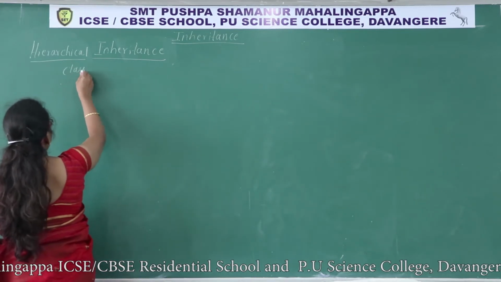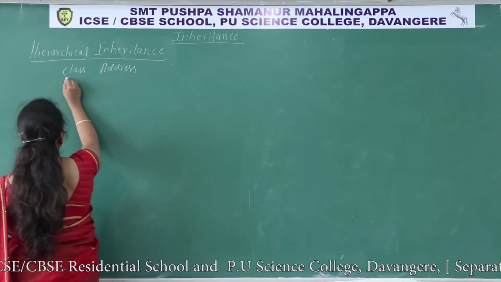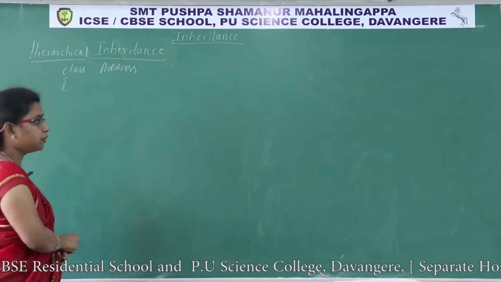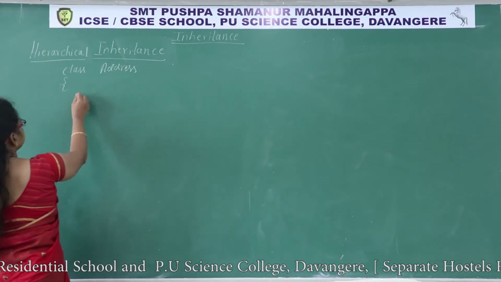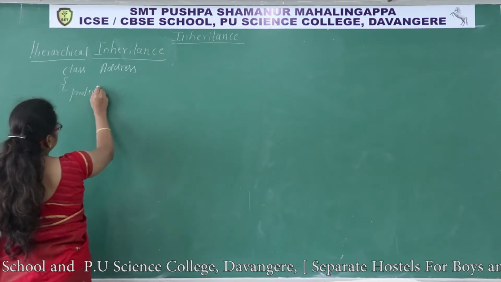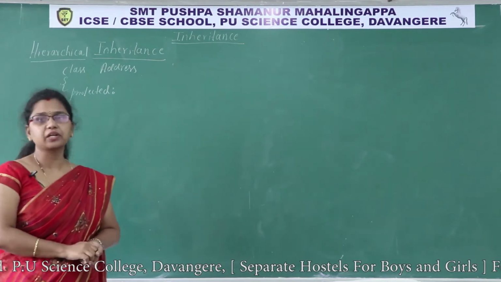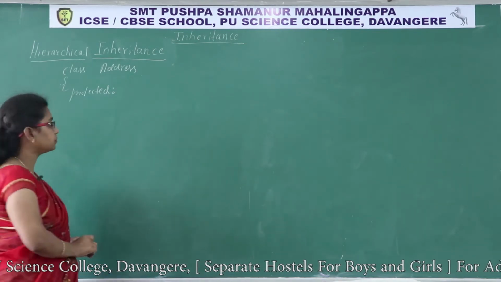Consider a base class whose name is address. Here the data members are like this. In the protected section I will take the data members, because protected members are inherited to the derived class, not private members.